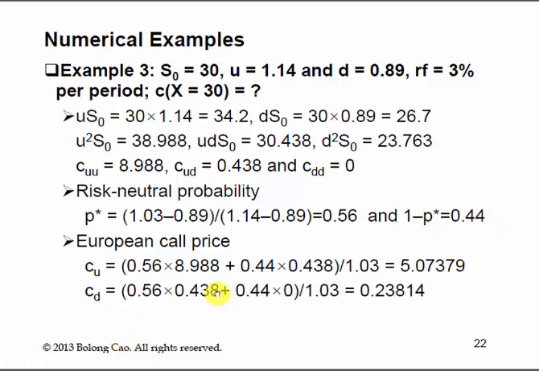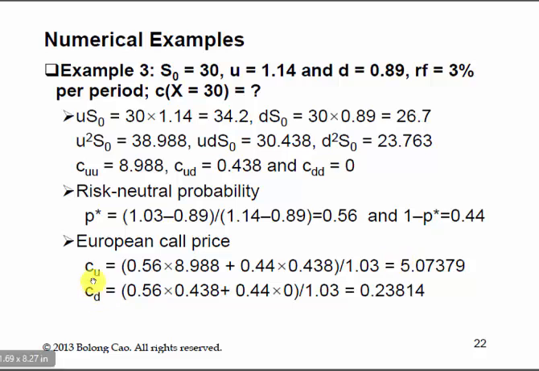Now we can apply the binomial formula. 0.56 times 8.988 plus 0.44 times 0.438. This is the risk neutral expected value. Then because it's a future value, bring it down one period by the risk-free rate, 1.03.